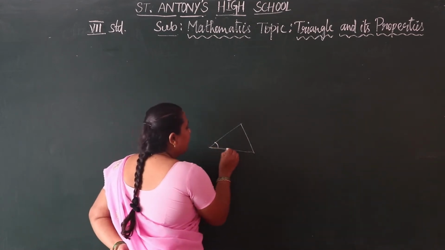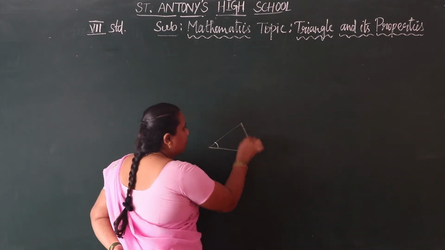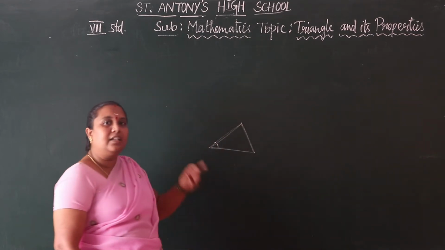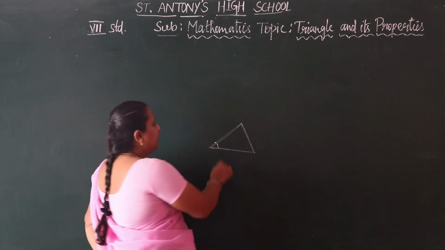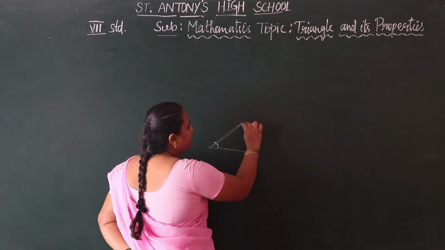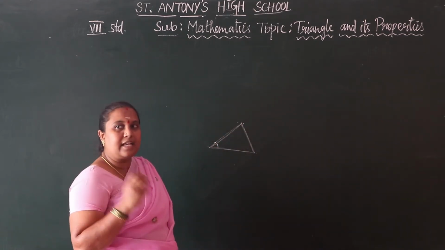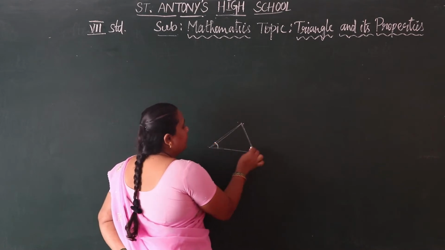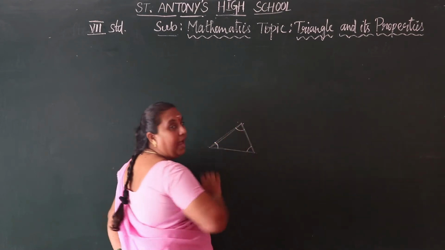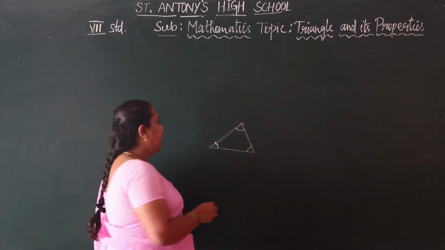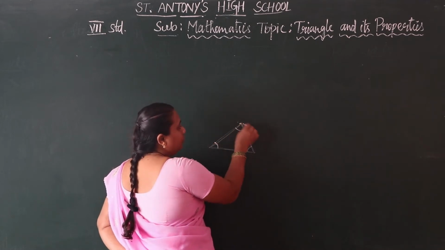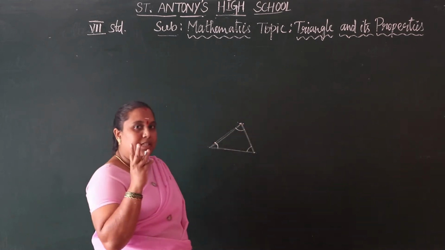See, 1, 2, 3. So we have three line segments, which means three sides. We have three angles, and then three vertices.